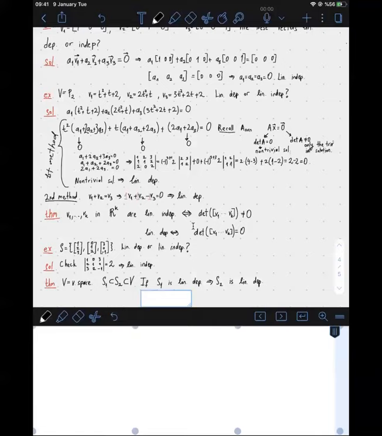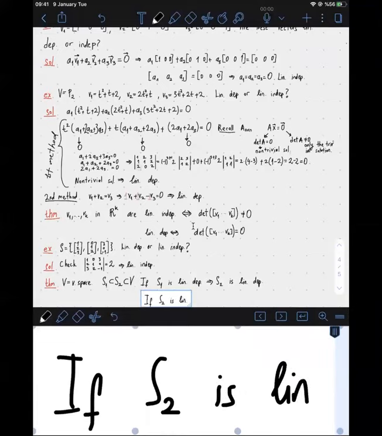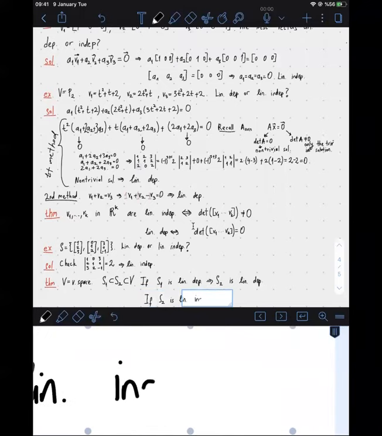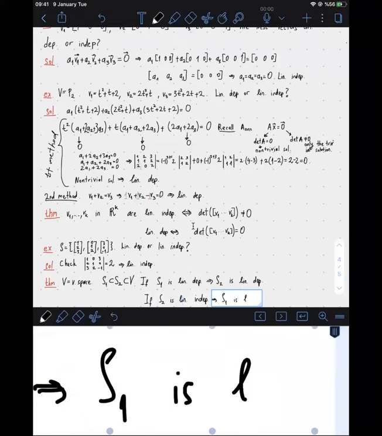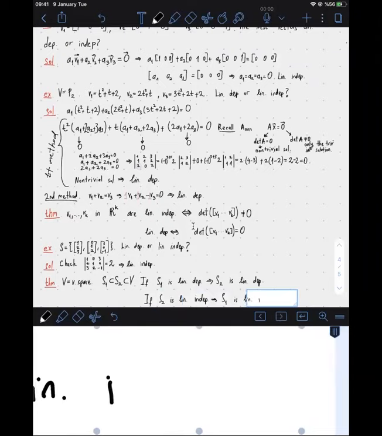So if S2, the larger set, is linearly independent, then the smaller set is also linearly independent. I won't give a proof for this one. If you go back to the definition, you should see this for yourself.